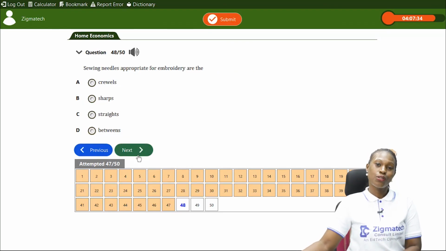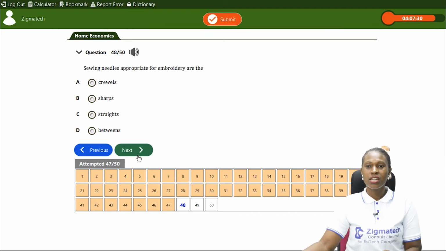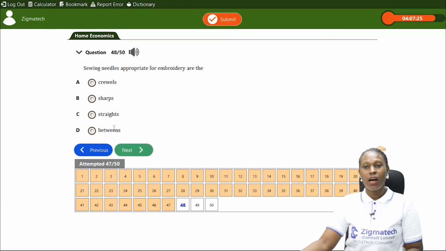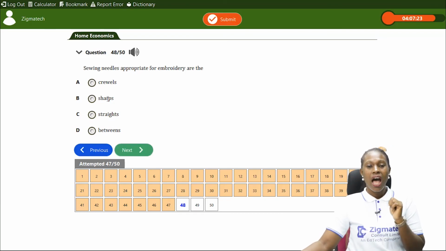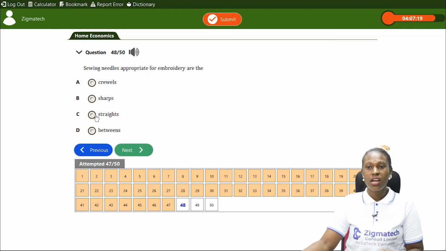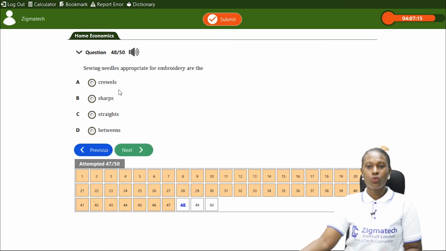Now, sewing needles appropriate for embroidery: we have different types of needles here. Which of these is appropriate for embroidery, okay? When you need to embroider, which needle should you use? We have the crewels, we have the sharps, we have straights, we have betweens.